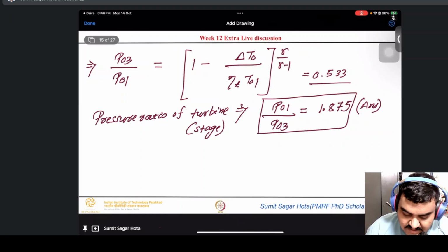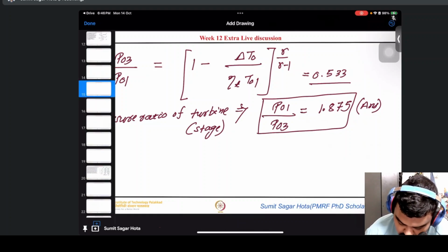From the two above equations you can calculate P03, because P01 is already known.